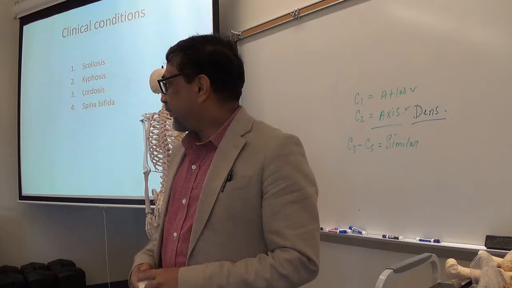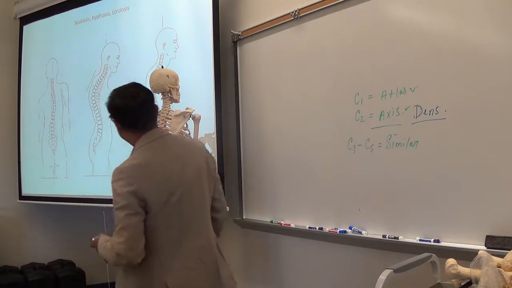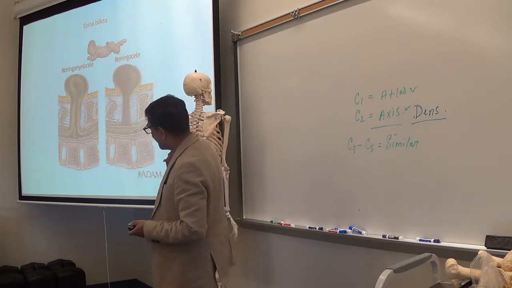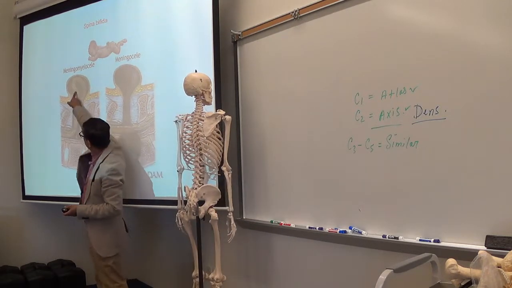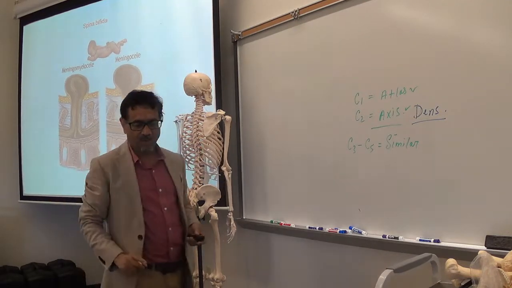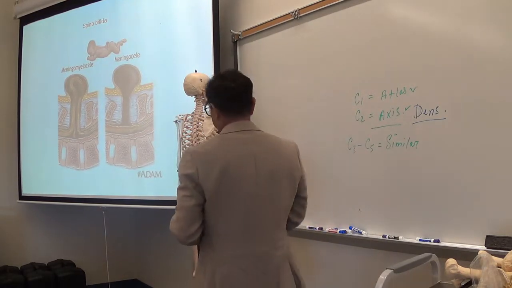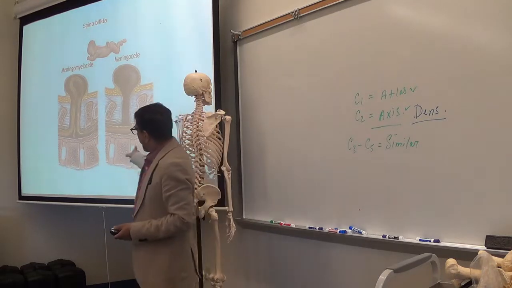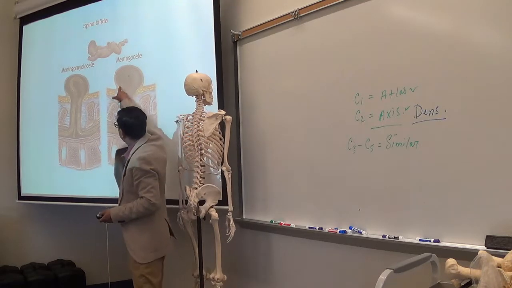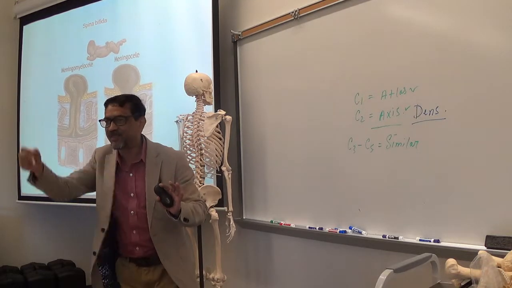And if the spinal cord with its covering comes out, that is more serious. Because in this case, you see this is the spinal cord and this is the meninges covering. Both came out. That is called meningomyelocele. If the spinal cord remains in the vertebral canal and only the covering pops out, that is less serious, because the spinal cord is still in its right position.